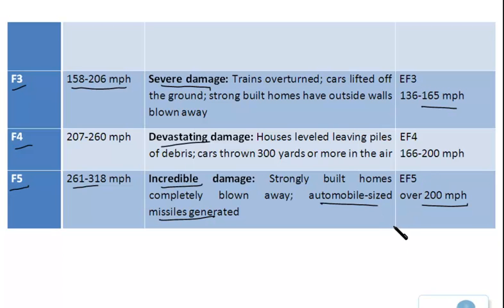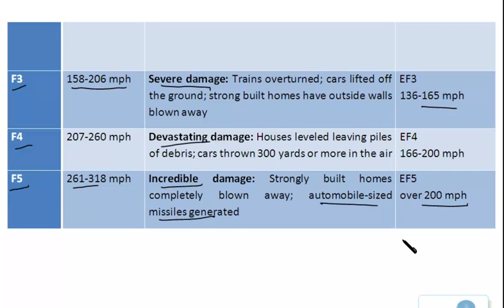So it is in increasing order from F0 to F5 that the tornado's wind speed increases, the possible damages increase, and the Enhanced Operational Fujita scale also increases.